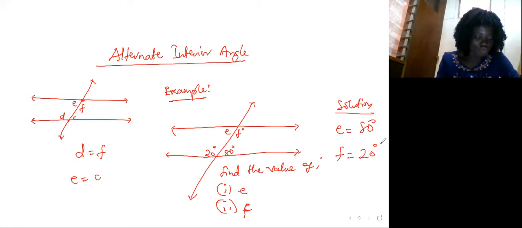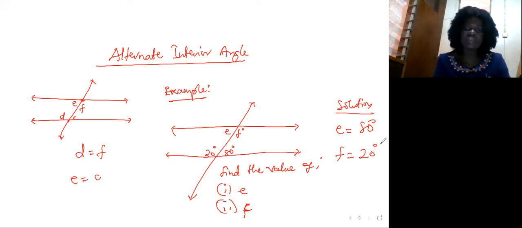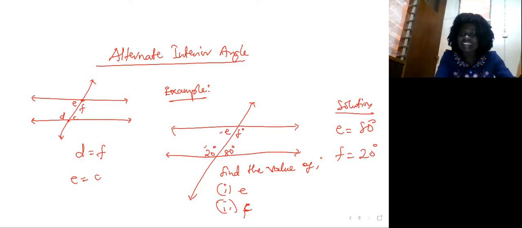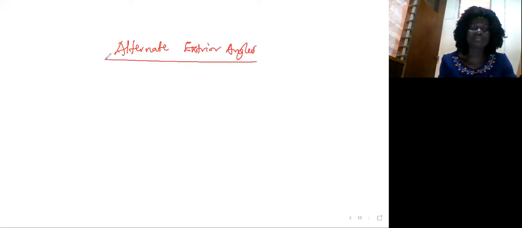Now we come to alternate exterior angles. Interior is what? Values inside. Now we are coming to values outside. So alternate exterior angles. Okay, picking our parallel lines again.